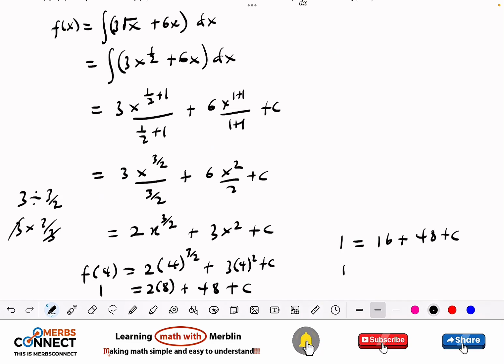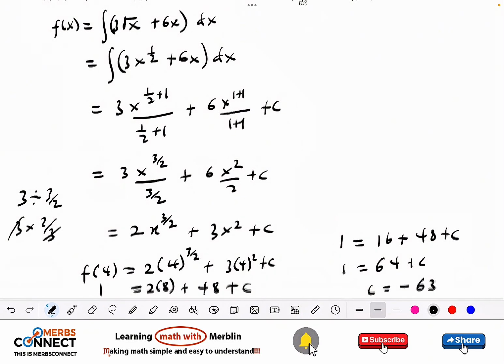And then 1 is equal to, when I add, I'm going to have 64 plus c, and c should be equal to minus 63. Good. So yeah, this is what I'm going to get.